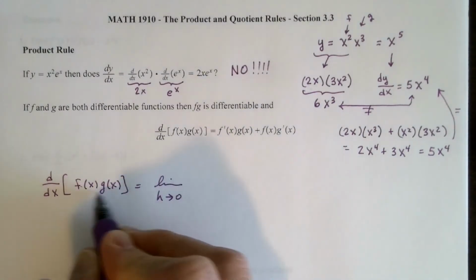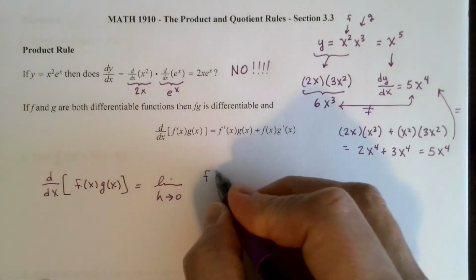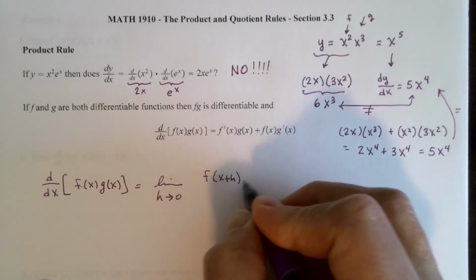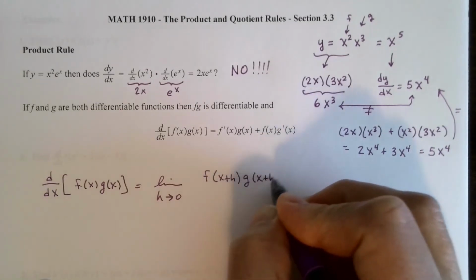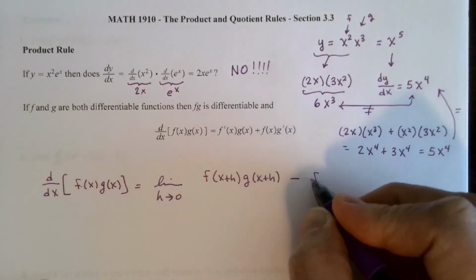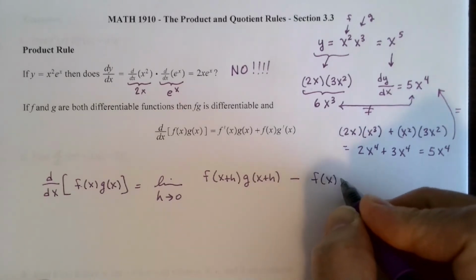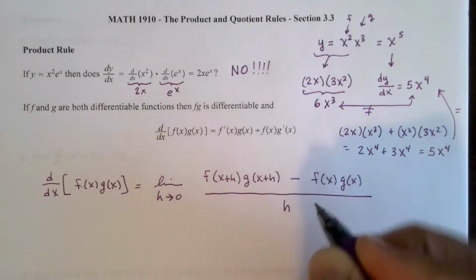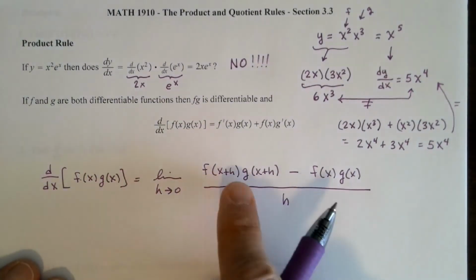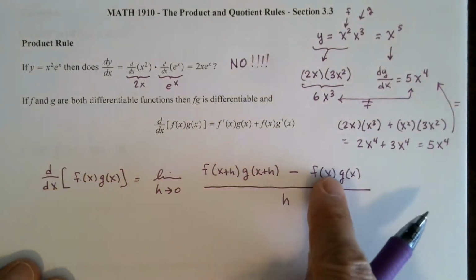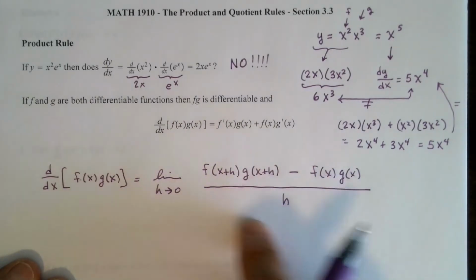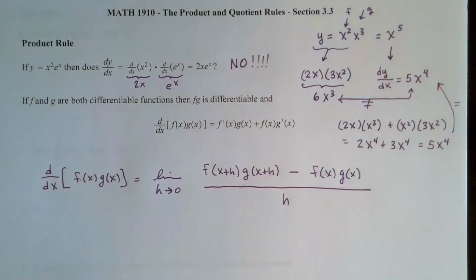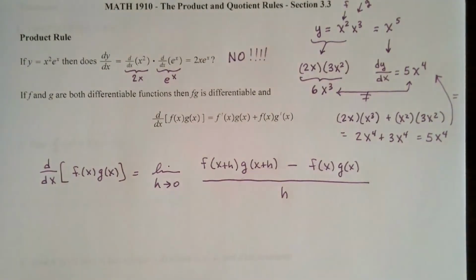And so here's my function, and I need to evaluate that at x plus h first, minus evaluating it at x, all over h. This is the difference quotient, right? This is the limit definition of the derivative that we've been using, okay?